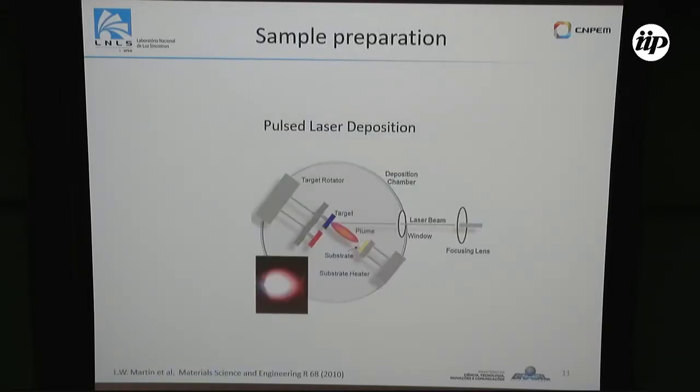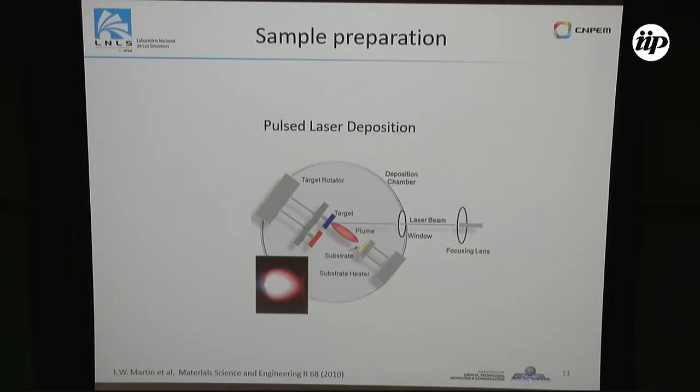These samples were grown at the PGMB line, where I do my postdoc, and we grew them by pulsed laser deposition. We chose appropriate conditions of post-annealing and deposition conditions, and we can talk about that if someone wants.